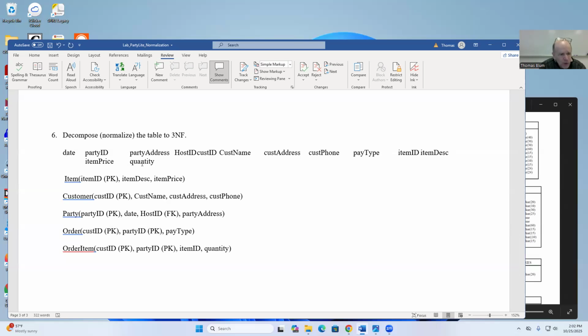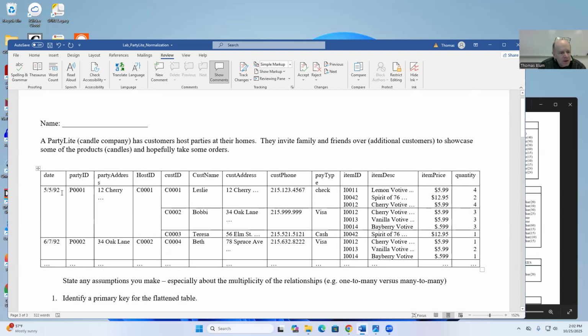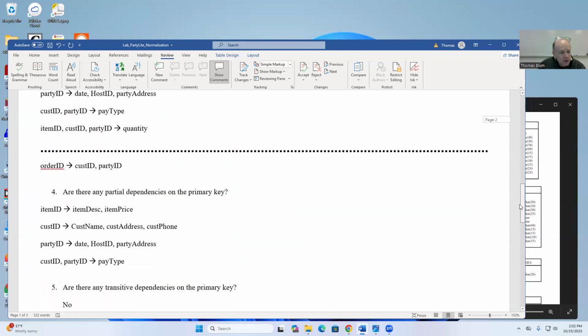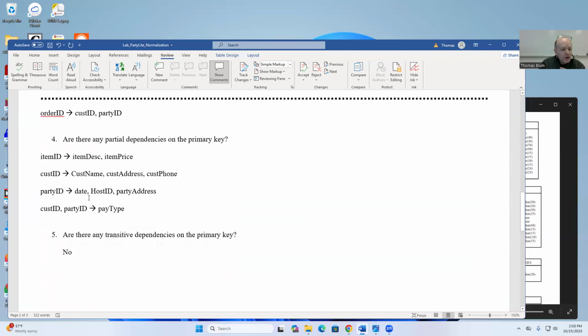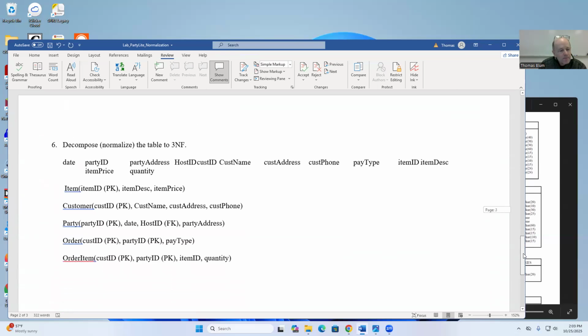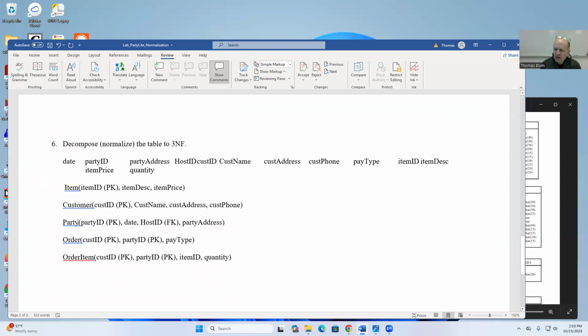So in that original table, it was by party, so we can query a party and get that information. So we can start with party like the table did, find the party and get the host information.